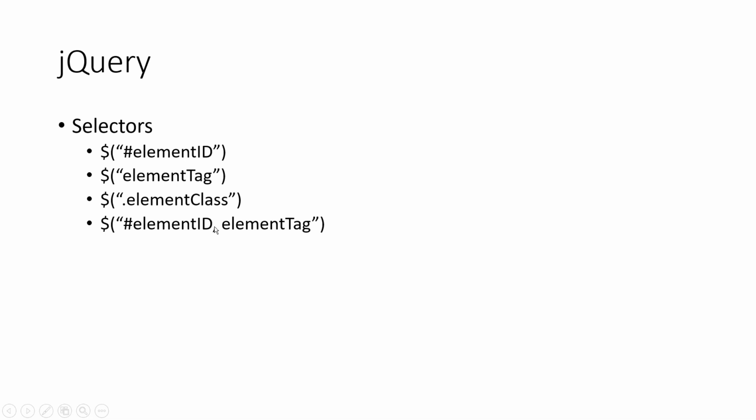So if you want to, let's say, add an event, like when you click on a button that has the ID element ID, and if you click on a paragraph, then you want it to do the same thing for both of them, you would specify that with a comma in between, separating all the different things. And what that's going to do, as I said, is execute the same code for these two selectors.